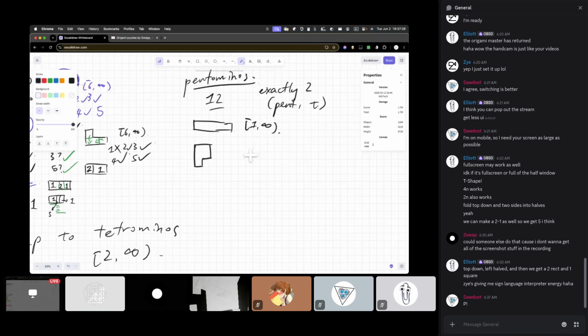P pentomino. Yeah. Obviously, 1 is impossible. Is 2 possible? Yes, you can fold the right block in and then fold the one that's left over in half. Right. Yeah, that is the easiest solution to the P. There are more solutions, and if you want to learn all of these solutions, you can probably check out Zai's clock stream, in which I inserted this into one of the clocks.